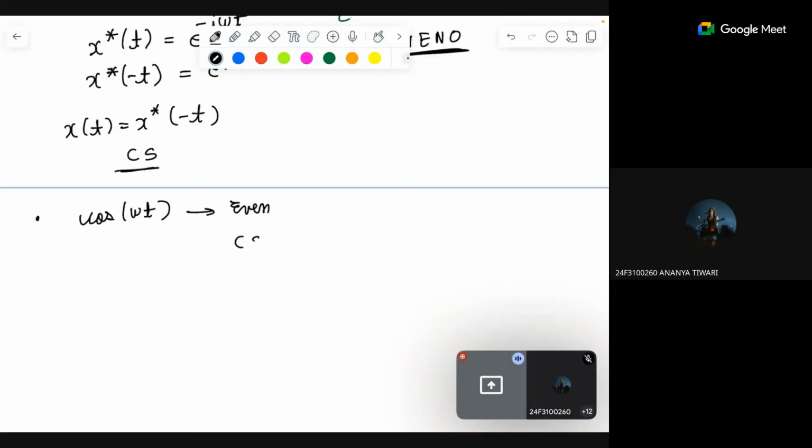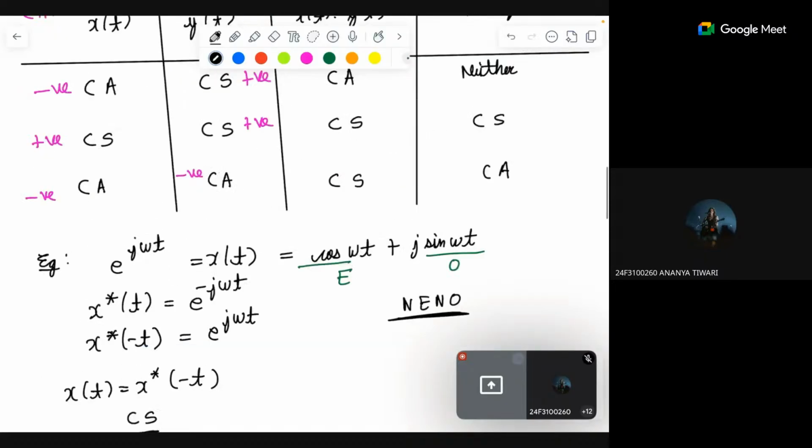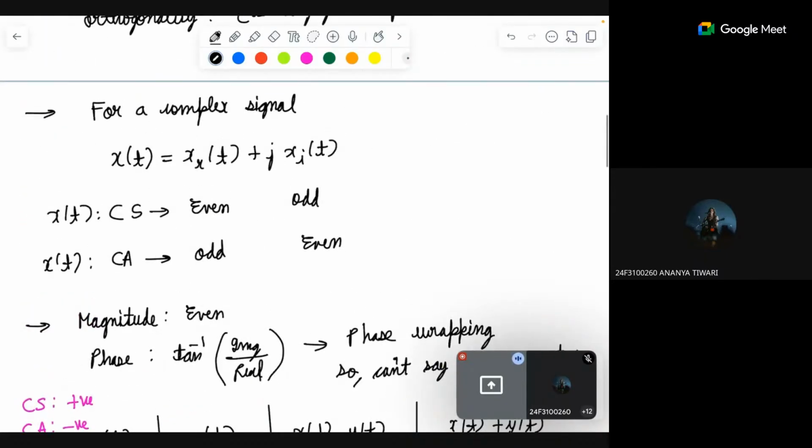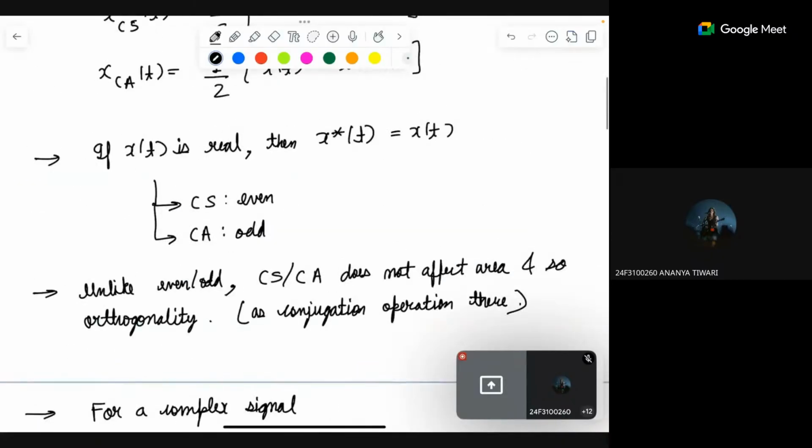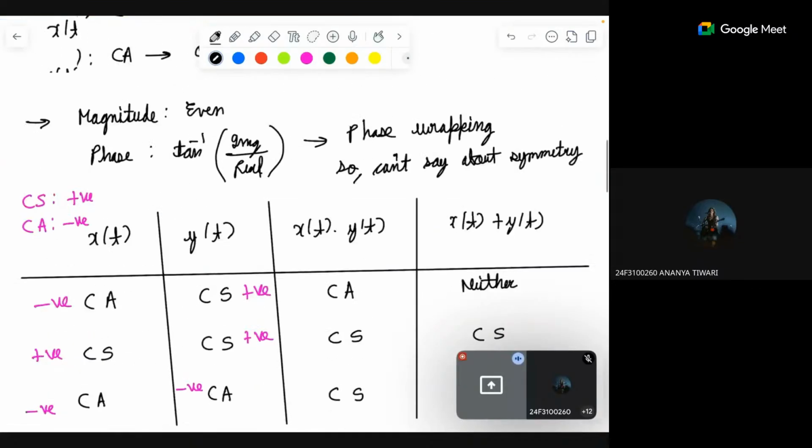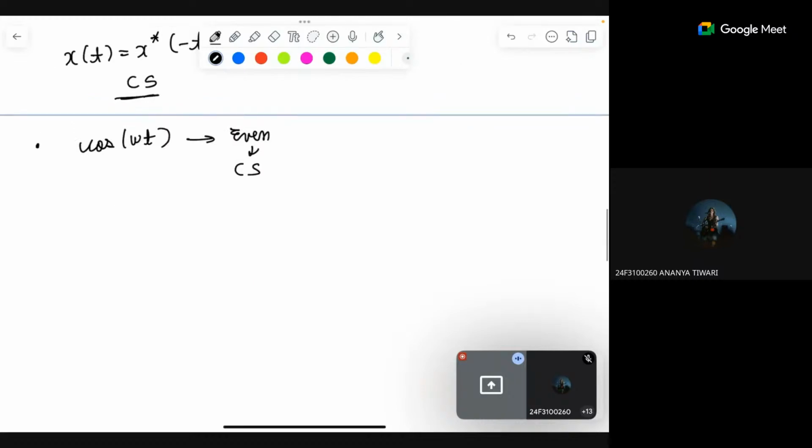Just like we discussed a few minutes back, if a signal is real, then conjugate symmetric and even are the same, and odd and conjugate asymmetric are the same. So cos omega t is even and conjugate symmetric. So if the signal is real and x(t) is even, then it is conjugate symmetric, and if it is odd, then it is conjugate asymmetric.